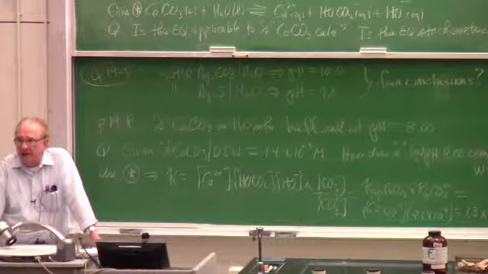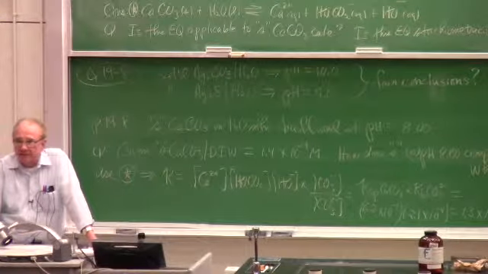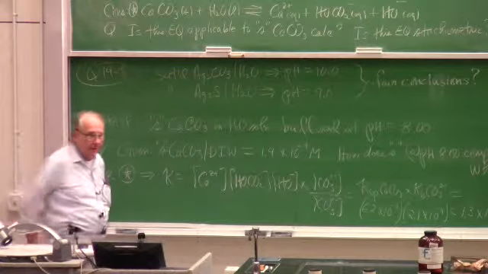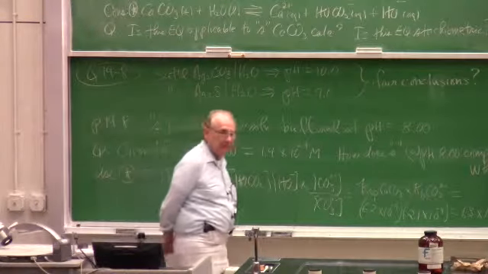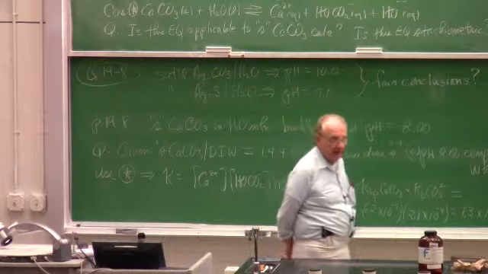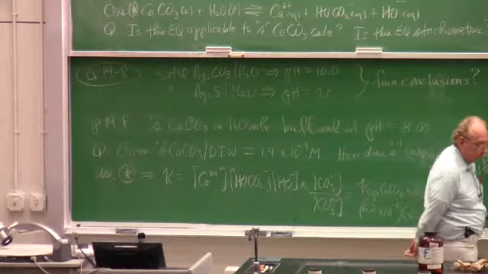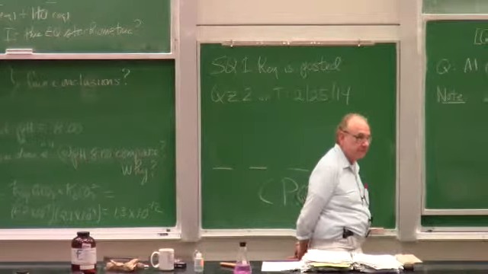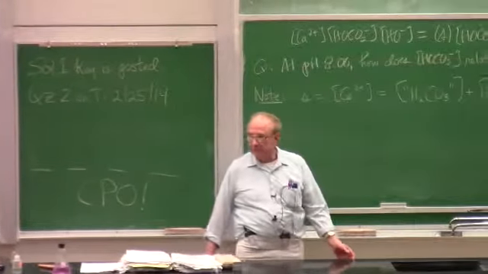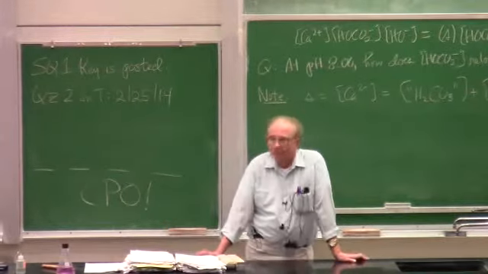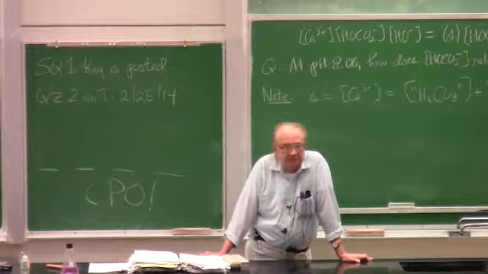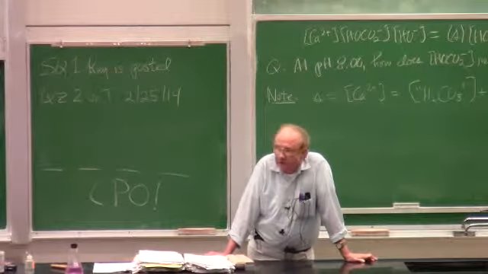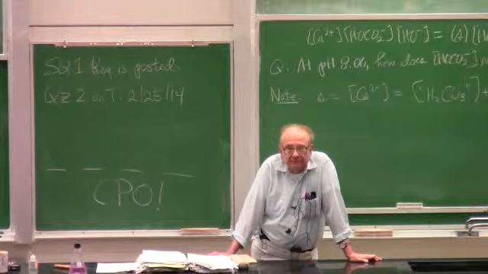At this stage of the game, if I ask you to calculate the solubility of silver sulfide in water, what equilibrium would you consider? Well, you'd consider KSP. And do you have to pay attention to something called KB sulfide?